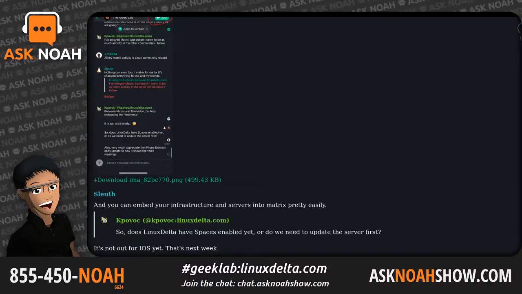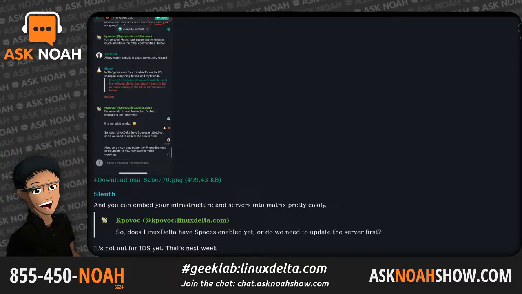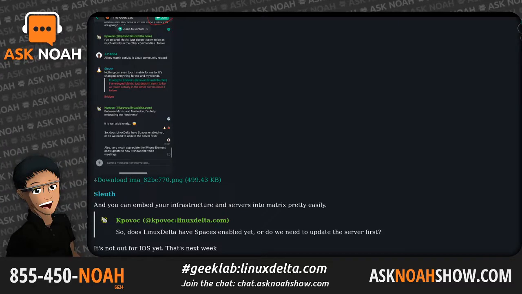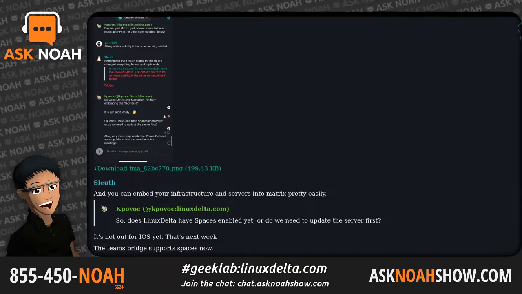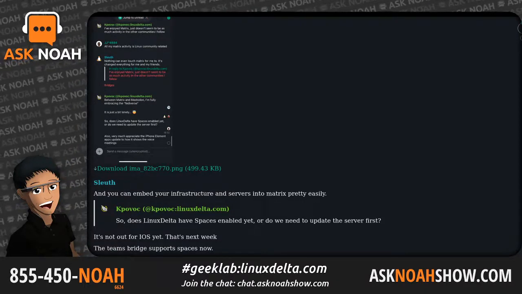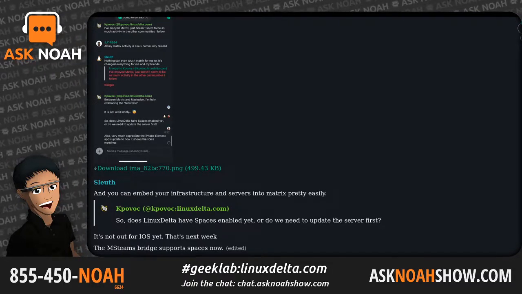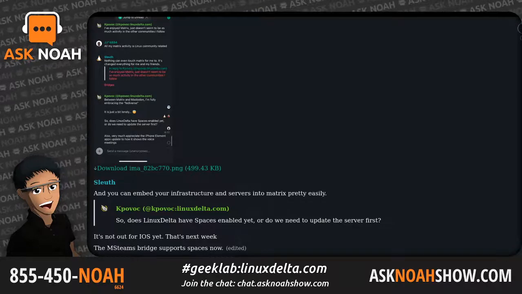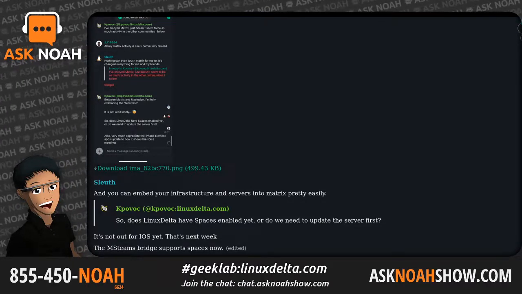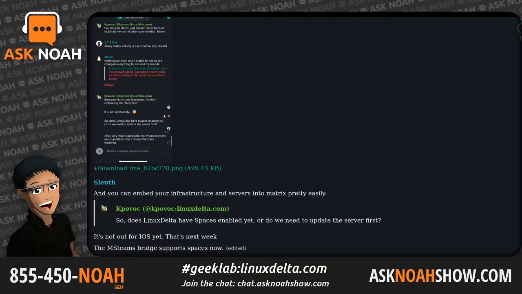Yes. Have these other companies like Slack and Mattermost and Discord, do they have 6, 7, 8 years of development lead time? Yes. But again, when you sit down to use Matrix and you look at the features that are there, and you look at it almost as a skeleton of what can be, I don't think you're going to find anything even close to the capability of this software.